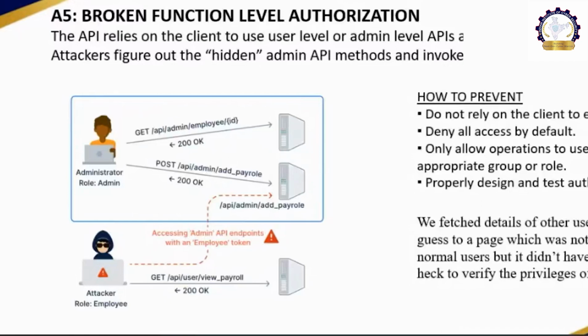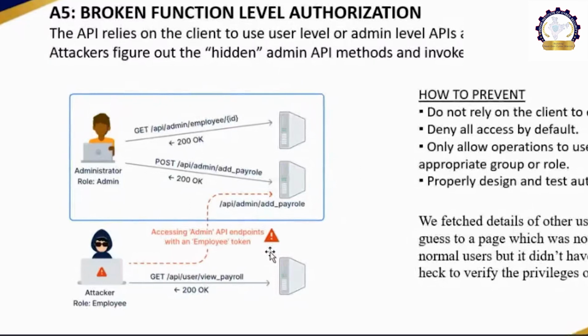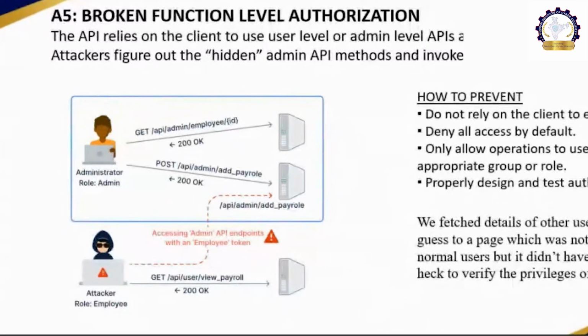There is a hacker outside of that functionality, and if he wants to check the payroll, see the URL: GET API user, then view payroll. This is happening because this is a normal user and there is an admin user. So what we can try to bypass is, if the normal user replaces the user value with the admin value, can he access the content?